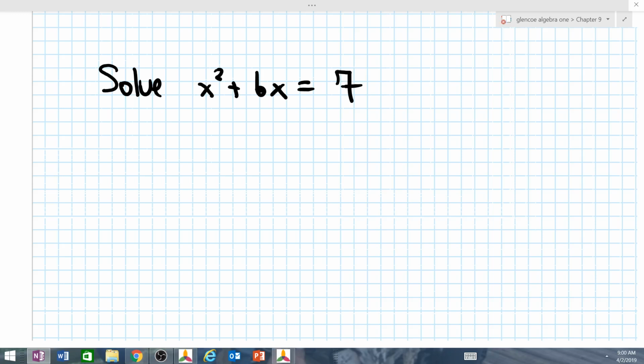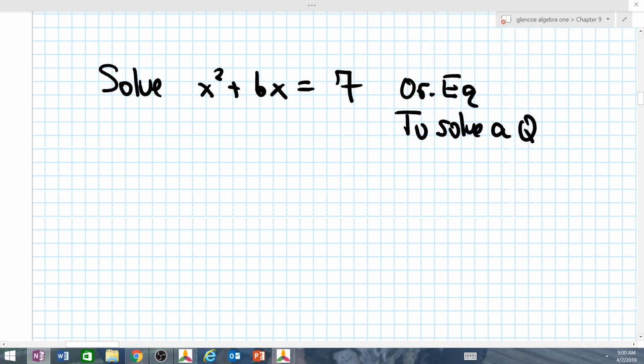So the first thing you need to realize is this is the original equation. The second thing you need to realize is to solve a quadratic equation, one side must equal what? 0.